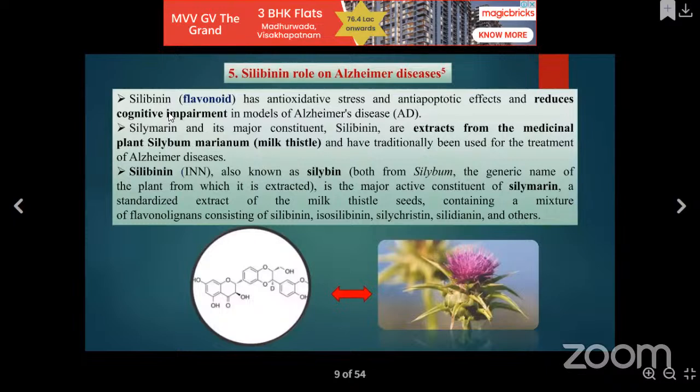an antioxidative stress and anti-apoptotic agent, it reduces cognitive impairments in models of Alzheimer's disease. So in Alzheimer's disease, the main symptom is memory loss, short-term memory loss. That can be seen in aged people basically.